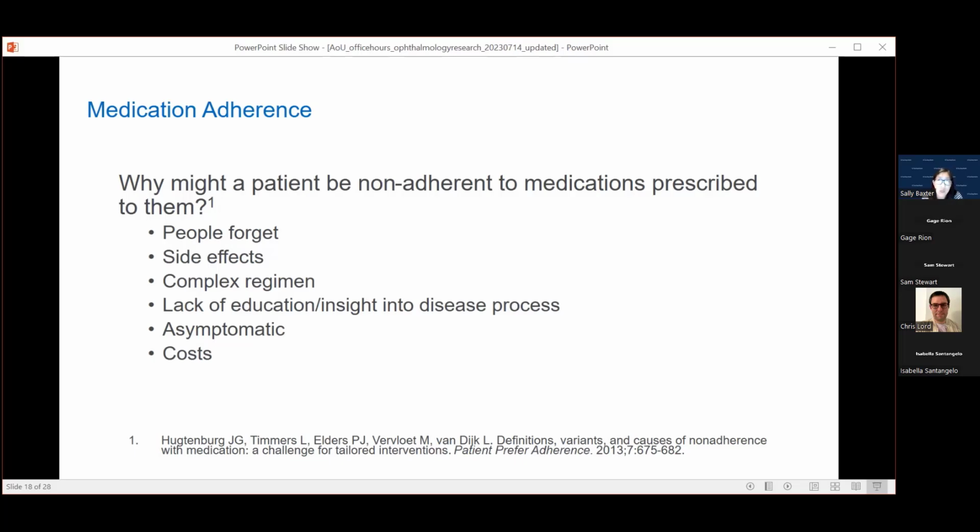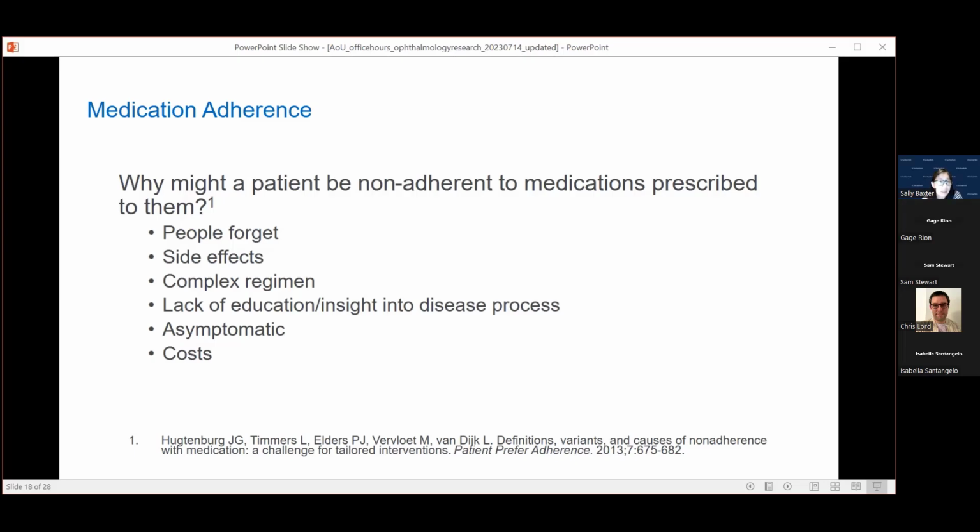Some ways that we've tried to address this is using preservative-free formulations, trying to have eye drops that require less frequent administration. But this is a really common thing that we deal with in ophthalmology, but certainly across the board in different parts of medicine. Every medicine will have its side effects, and that can be a challenge.